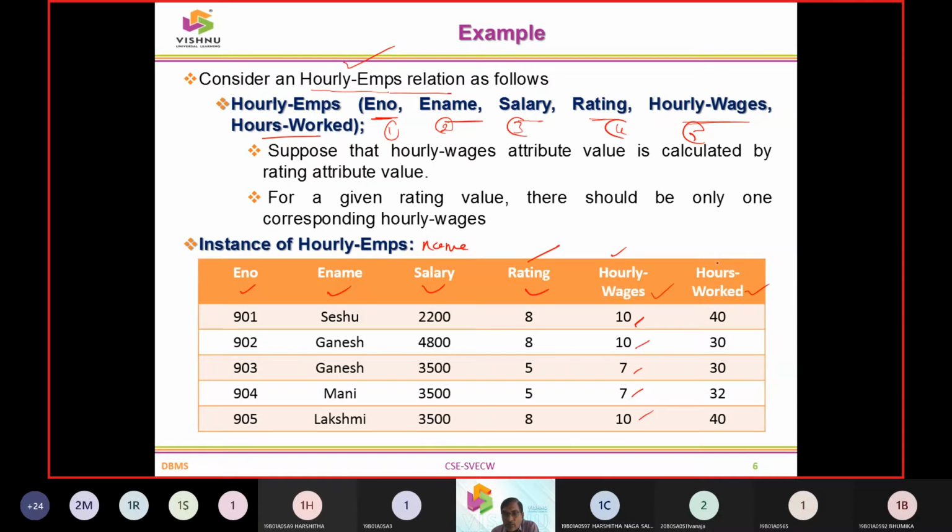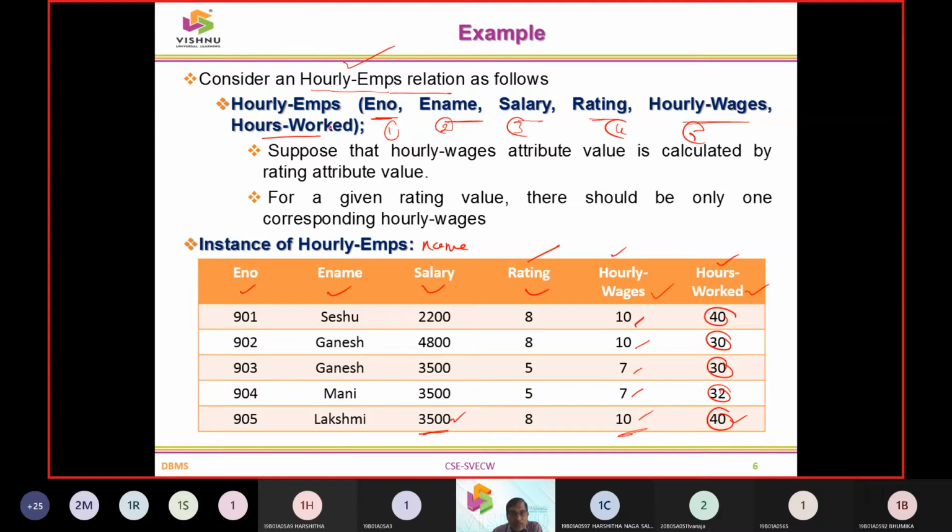Next one was hourly work, the total number of hours they have worked to earn this salary. So if they have a salary of 3,500, they have worked for 40 hours, and for each hour they got some 10 as hourly wages.